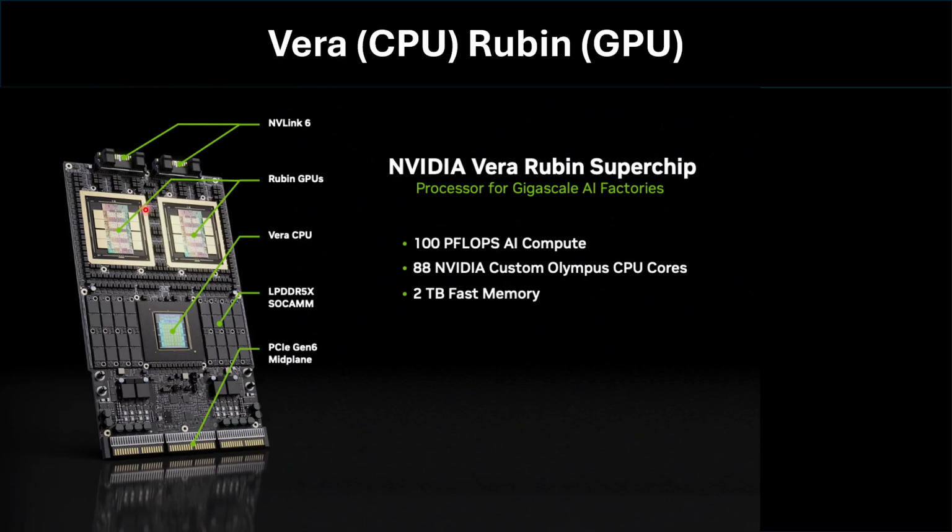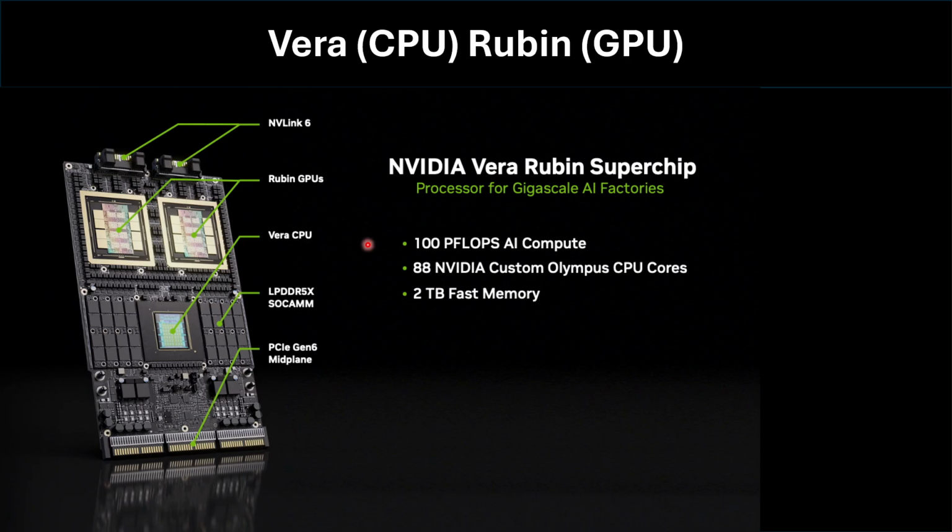And it even has two sides of data flow. This side is coming from the NVLink switch, which we mentioned as a third chip. And here we have PCIe generation 6, which is the classical communication for the CPU. It has so many ways to receive data.